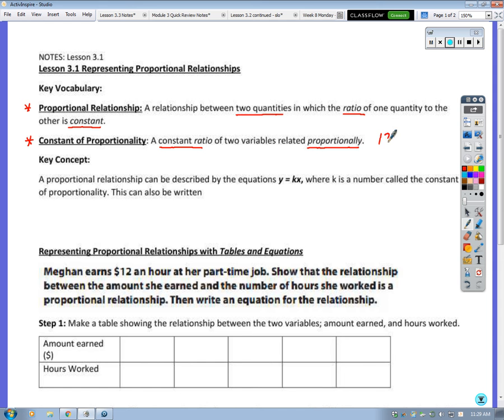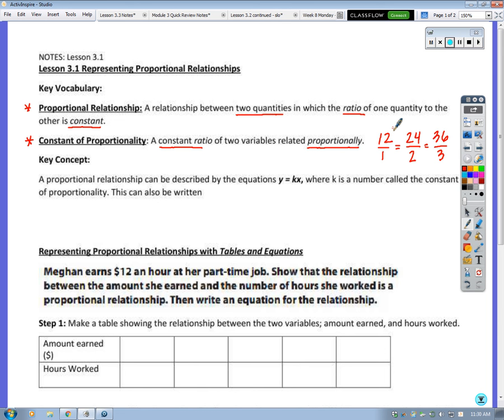So we can look at 12 inches to 1 foot. That is proportionally related to 24 inches and 2 feet, and also 36 inches and 3 feet. So that is a ratio here that is constant, and these three examples are related proportionally.